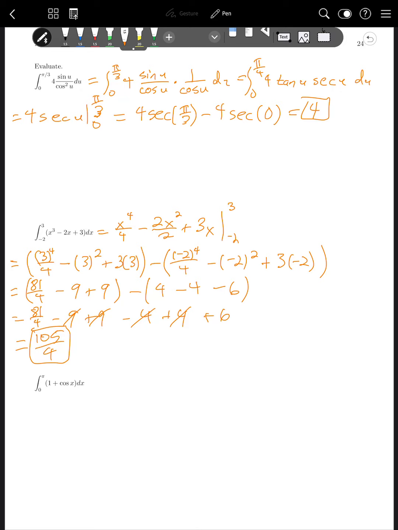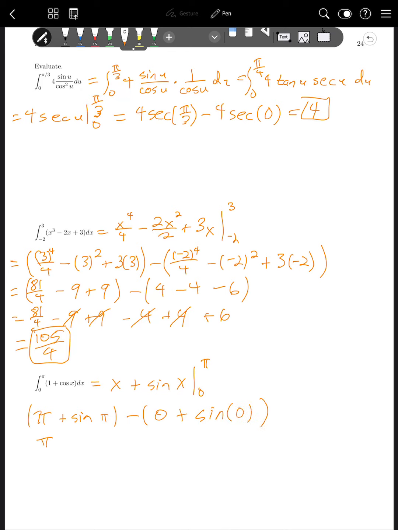Okay, so then the last one here, same idea. We can do the antiderivative. The antiderivative of 1 is x. The antiderivative of cosine is sine of x, from 0 to pi. And so then we plug those numbers in. So this is pi plus sine of pi, minus 0 plus sine of 0.